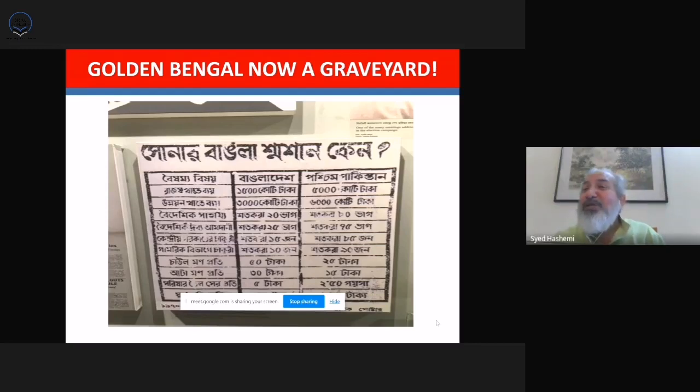But also, look at the bottom, look at the price of rice per mond, which is a little less than 40 kilograms. 50 takas per mond in Bangladesh, in East Pakistan, and 25 only in West Pakistan. Why this disparity when we produce the majority of rice? Rice is, of course, produced also in Pakistan, but we're producing the majority.